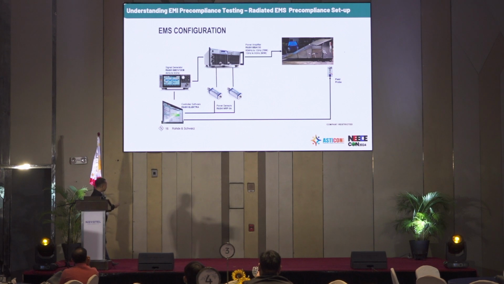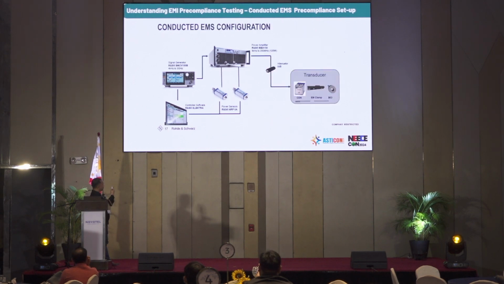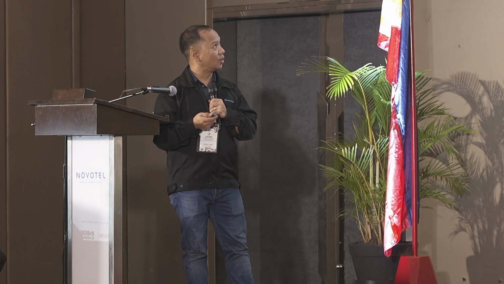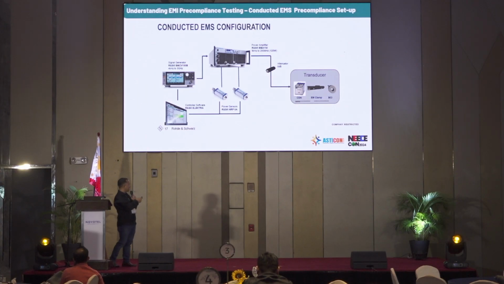Okay. Next. So ito yung para dun sa radiated. So aside from the radiated, we also have conducted EMS. So yung DUT natin, isa-subject naman natin siya sa conducted na through wires naman yung pag-apply natin ng noises. So yung kanina is through radiated, this one conducted naman. So ano yung mga gagamitin natin para i-expose yung DUT natin?